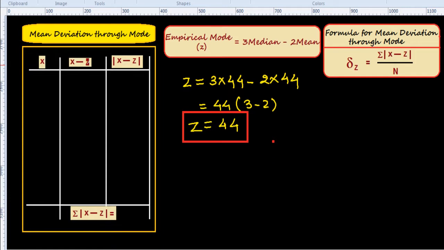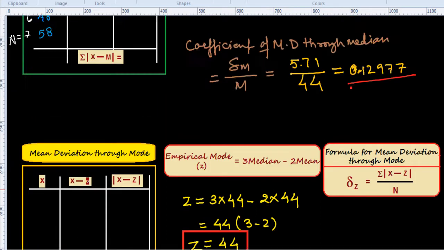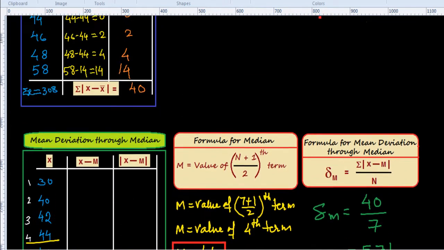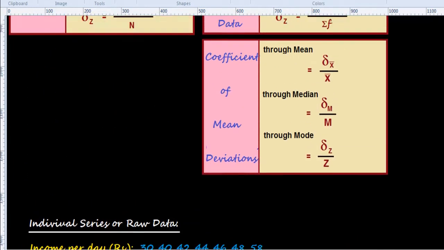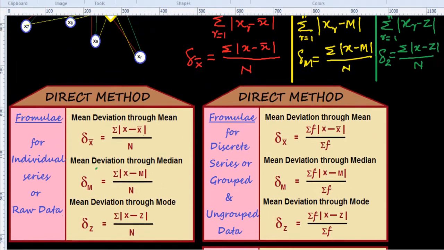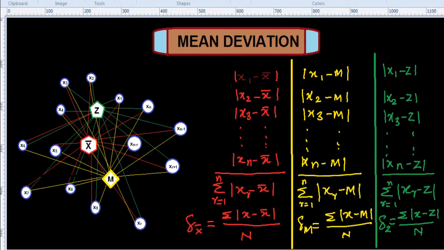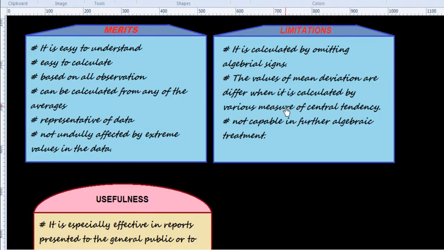So this is the way how to find out the mean deviation of raw data through the different measures of central tendency. In this session we have seen how we get the mean deviation through various measures of central tendency of raw data and discrete series, individual and discrete series both.